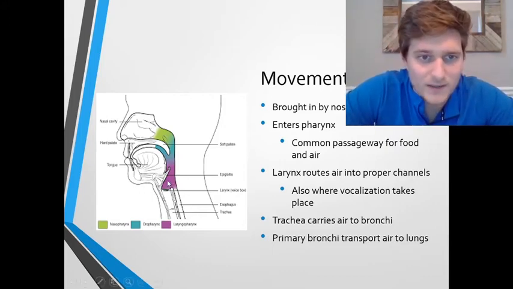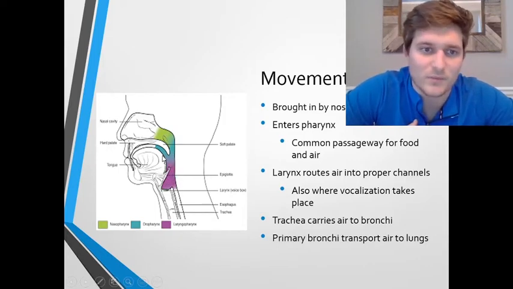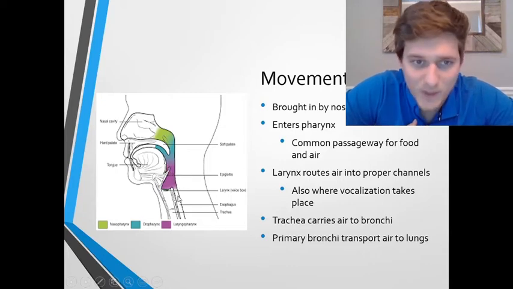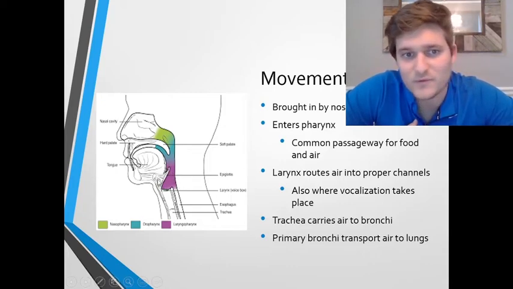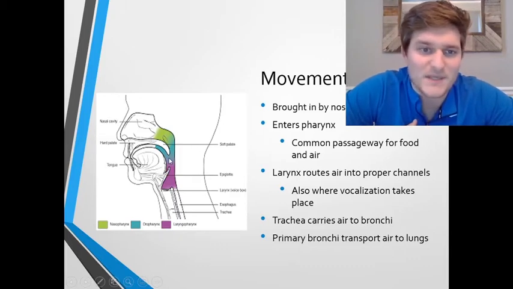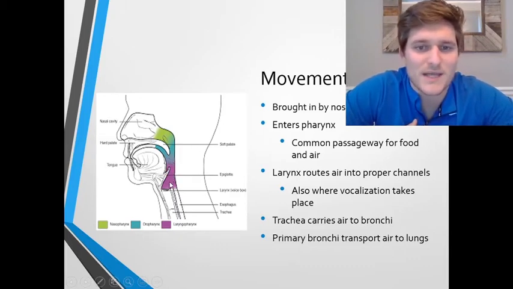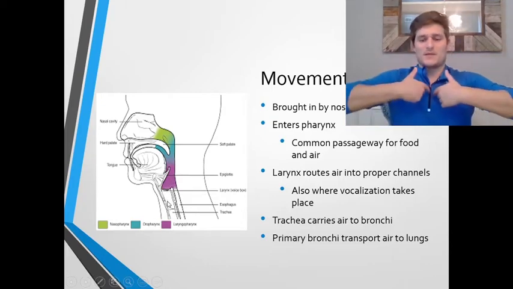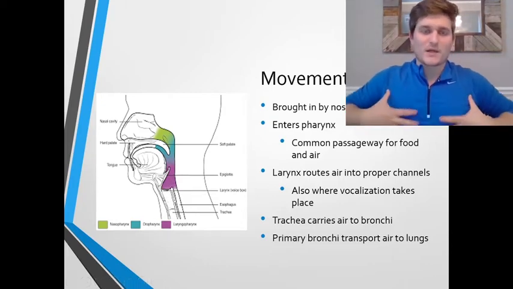And covering the trachea is what's called the epiglottis, and basically that prevents, when we are eating and chewing, any food or liquid particles from getting into our air pathways. But basically air will then make its way down our trachea and then separate into the primary bronchi and then enter our lungs.